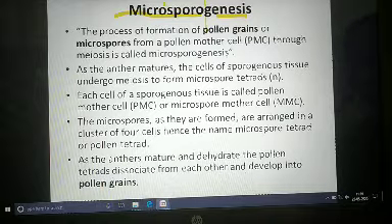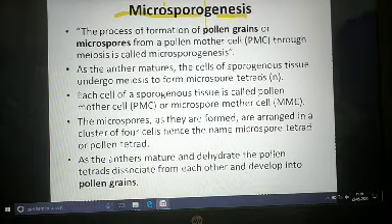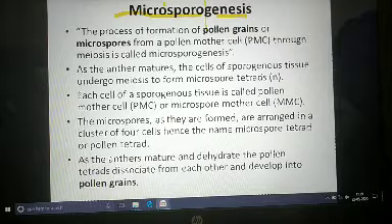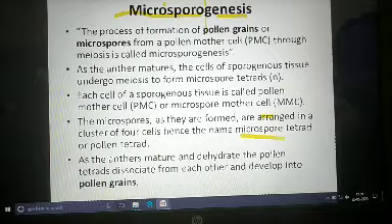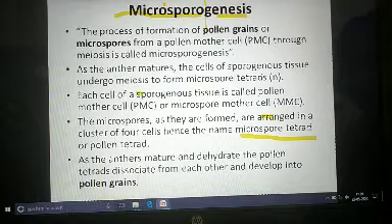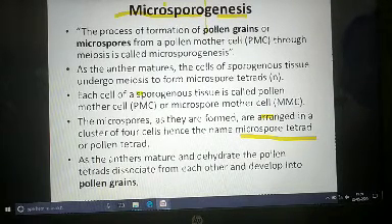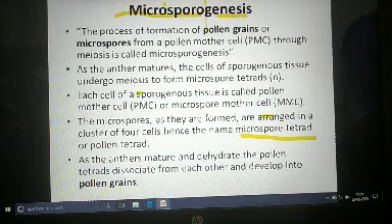The microspores, as they are formed, are arranged in a cluster of 4 cells, hence the name microspore tetrad, or pollen tetrad. After meiosis, you know that a total of 4 cells will be formed, so the name tetrad is given.